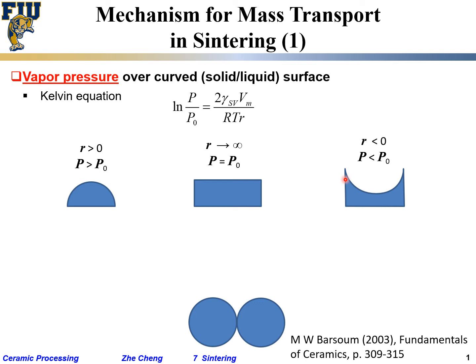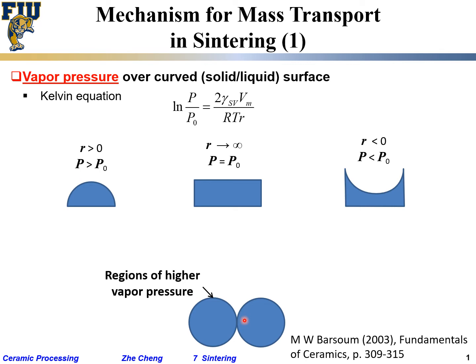So now let's think about sintering. We have two particles, and over here I have positive curvature, a positive radius of curvature. And in here, you can imagine it's locally something like this. This is what people call the neck location.